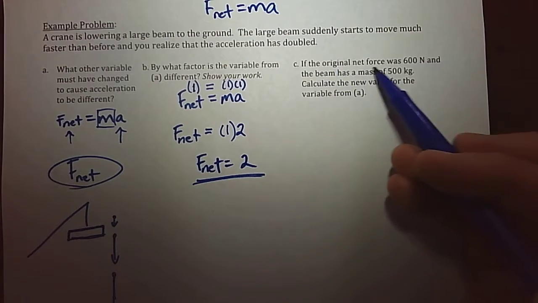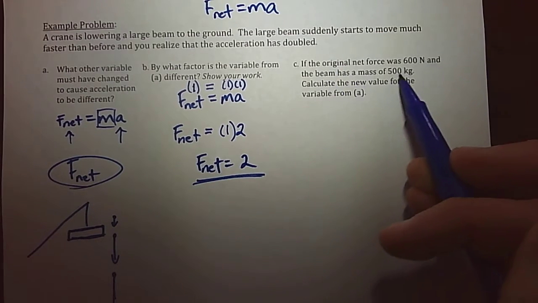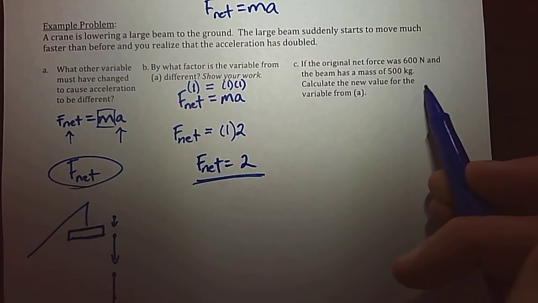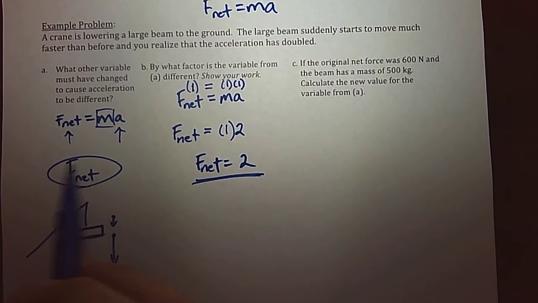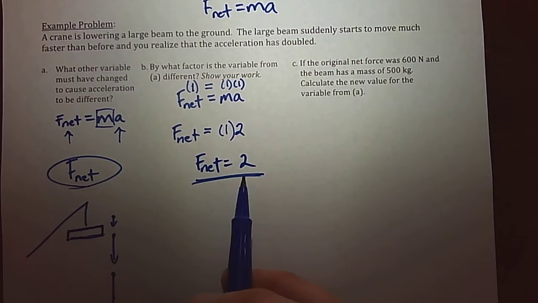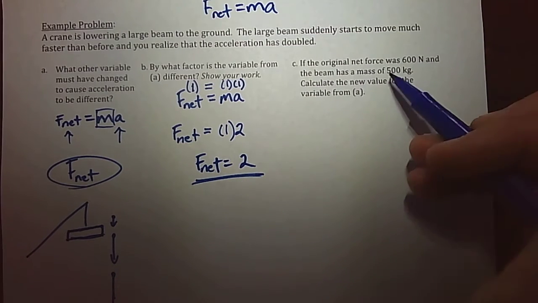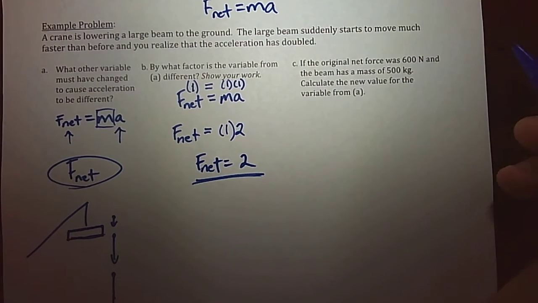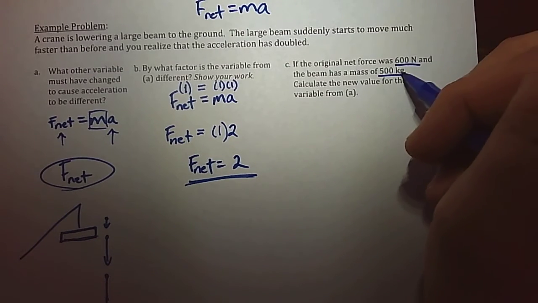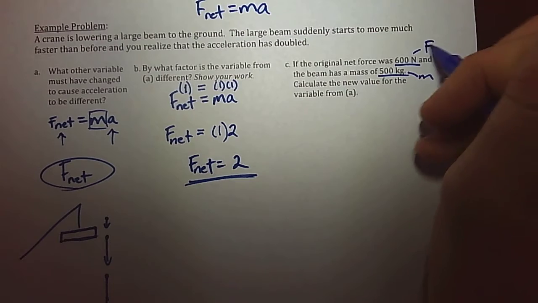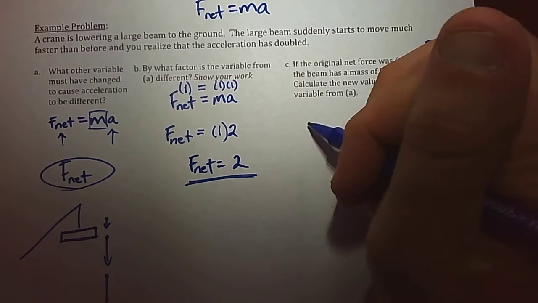All right. So if the original force was 600 newtons and the beam has a mass of 500 kilograms, calculate the new value for the variable from A, so over here. So I want to figure out what my actual net force is going to be once it changes by this much. I'm given 2 numbers, so which one do I use? I'm going to use the one that relates to the variable that I care about. Kilograms is mass, newtons is force, and I'm curious how the net force changes, so I'm going to use 600.